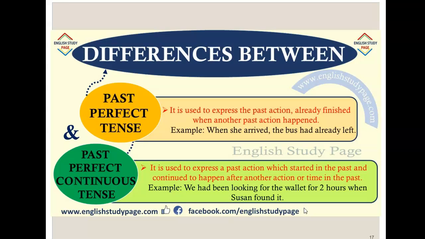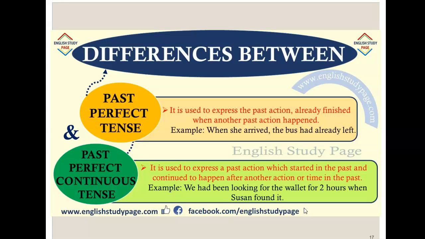Let's talk about the differences between the past perfect tense and the past perfect continuous tense. Past perfect tense is used to express a past action already finished when another past action happened. For example, when she arrived, the bus had already left.